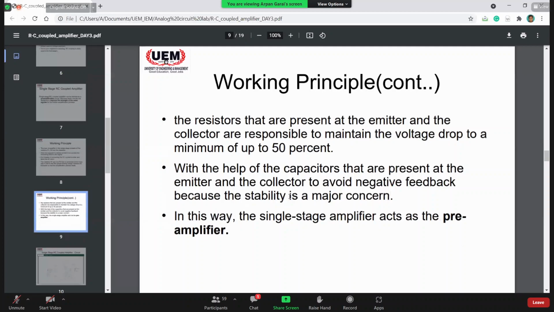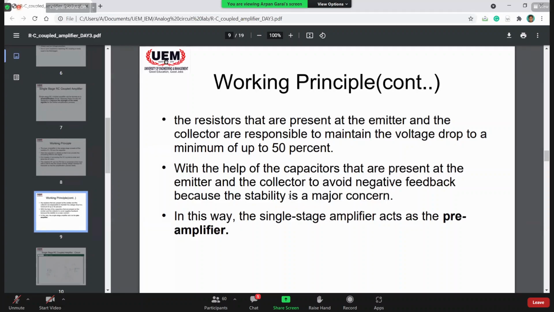The resistors present at the emitter and the collector are responsible for maintaining the voltage drop up to 50%.